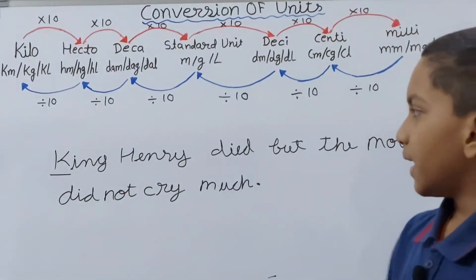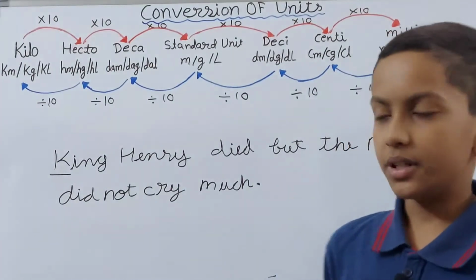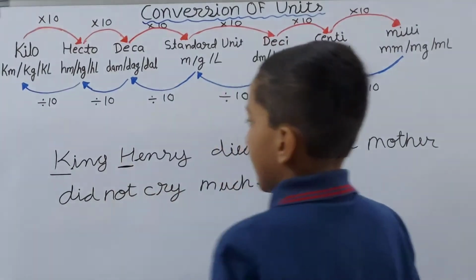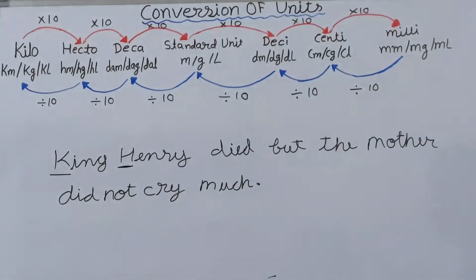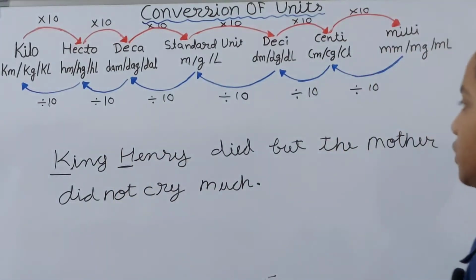That means King is for kilo, and the same happens for other words. This is Henry and it is H as its first alphabet. Now relate any unit? Well, that is hecto. So, this Henry is for hecto.